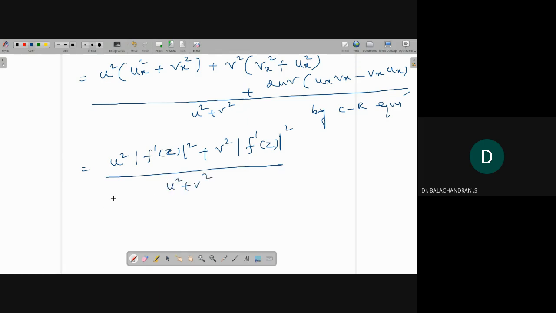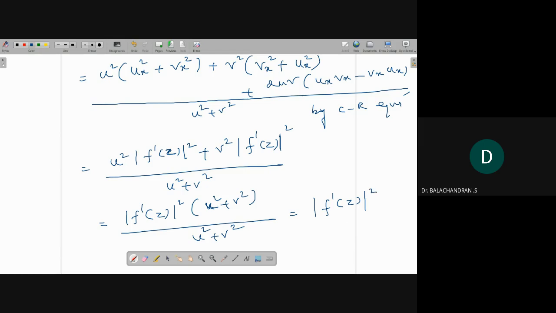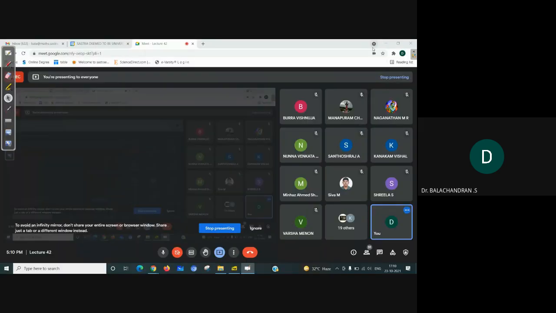If you take modulus of f dash of z whole square common, the remaining is u square plus v square divided by u square plus v square. So that is equal to mod f dash of z whole square. Proof is over.